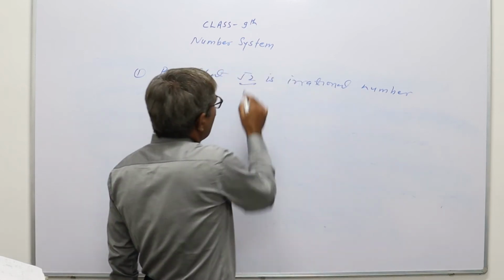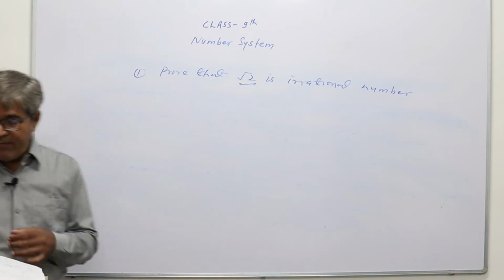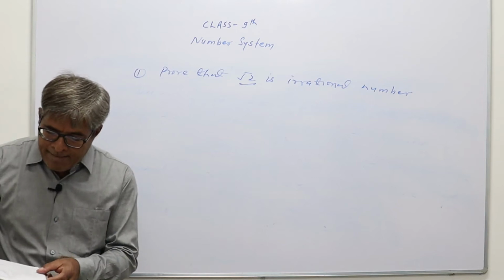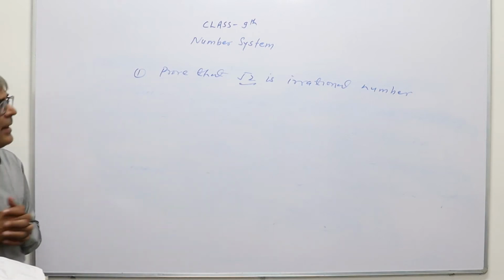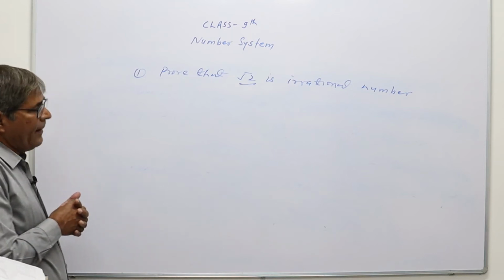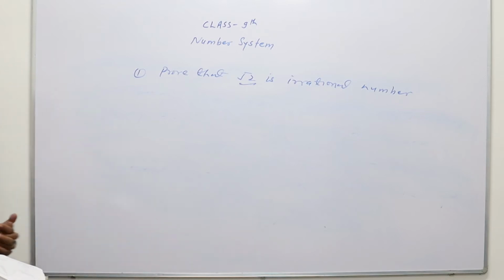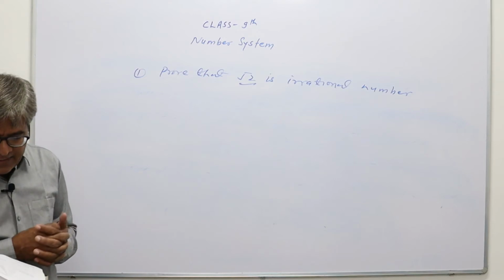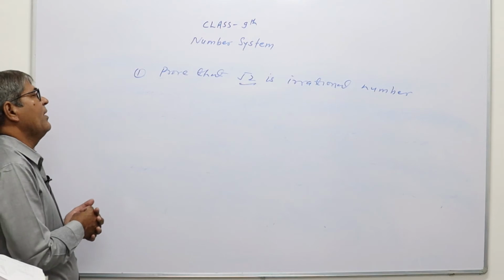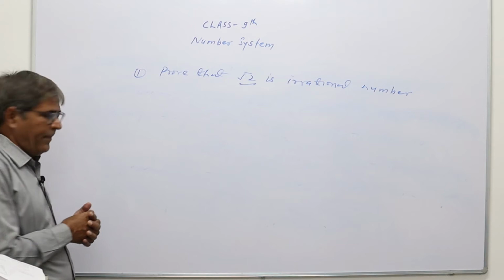To prove root 2 is irrational, first of all we will assume that root 2 is a rational number, and in this method we will reach a contradiction.